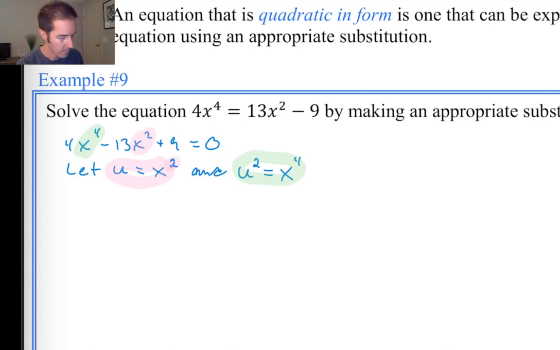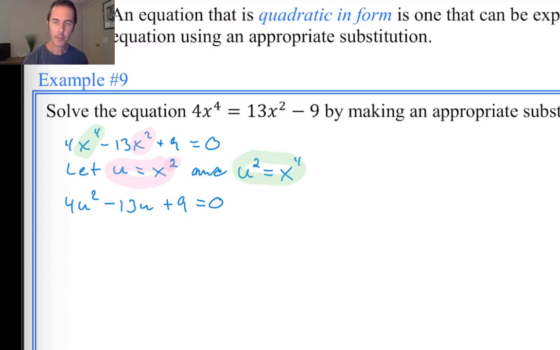So let's rewrite our original equation in terms of u. So we'll say 4u squared minus 13u plus 9 equals 0. That looks a little bit more reasonable. I'm not going to say that it looks like fun, but this looks like something I'm more used to.